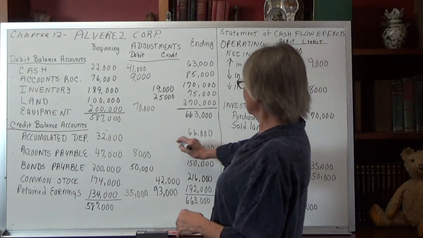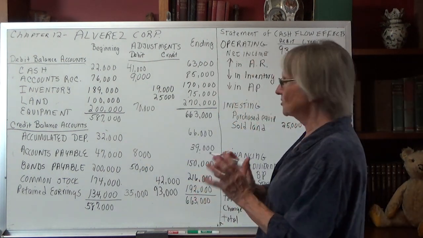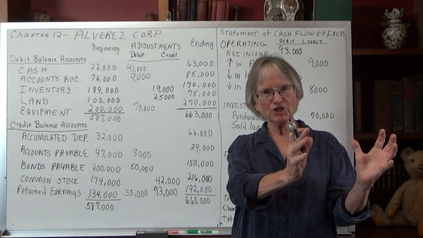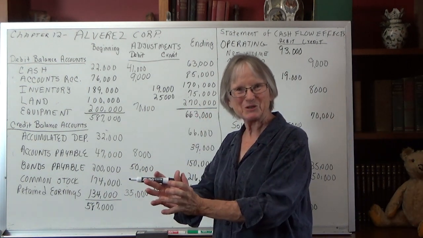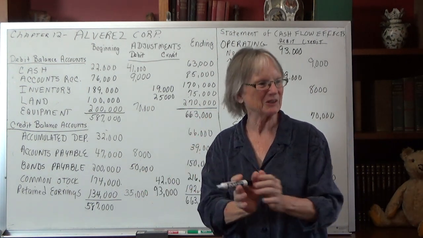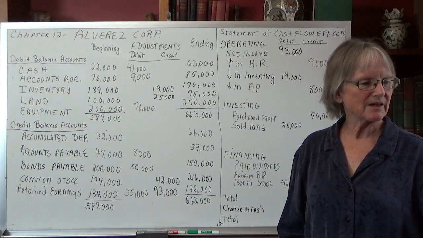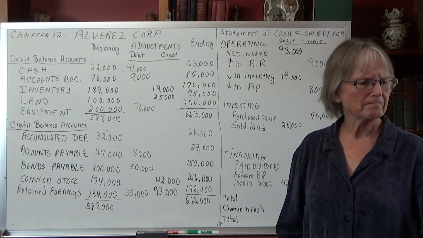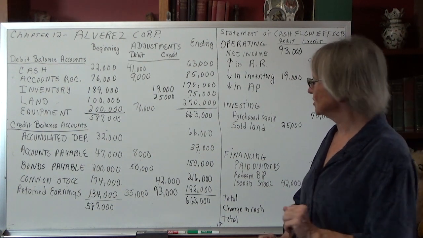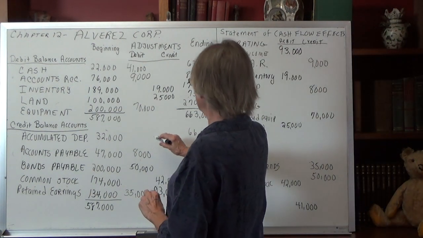So if we go 66 minus 32, we know that there must have been a journal entry, depreciation expense, accumulated depreciation made during the year. So that means that, okay, we had the accumulated depreciation and depreciation expense must be 34,000.